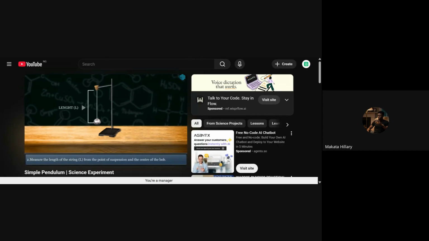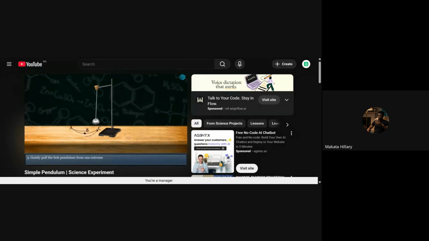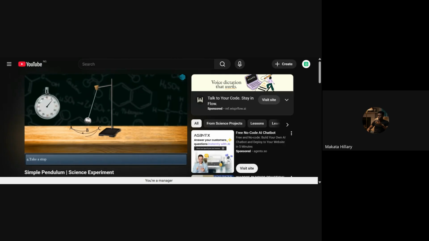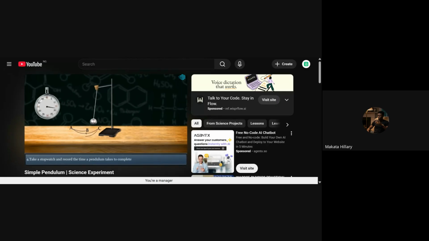Number 3. Gently pull the bob from one extreme end in such a way that it moves from one extreme position to the other and back to the first. Number 4. Take a stopwatch and record the time a pendulum takes to complete 10 oscillations.